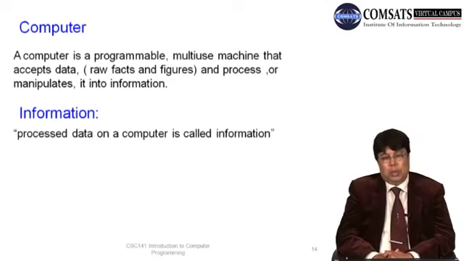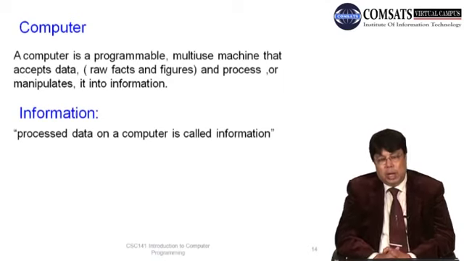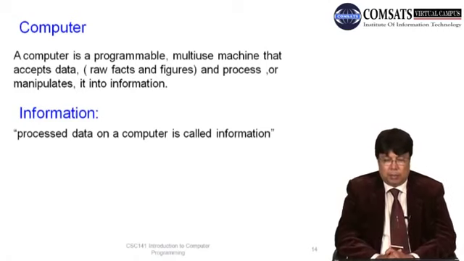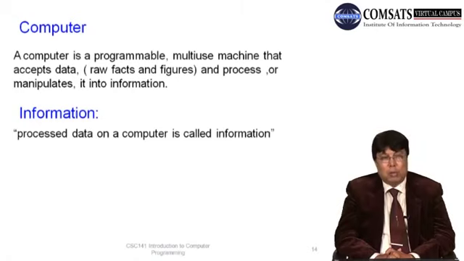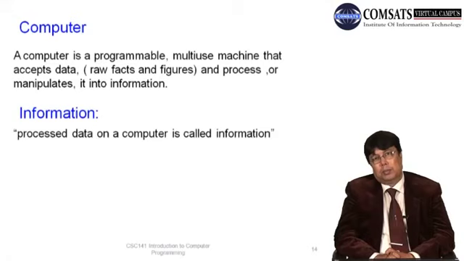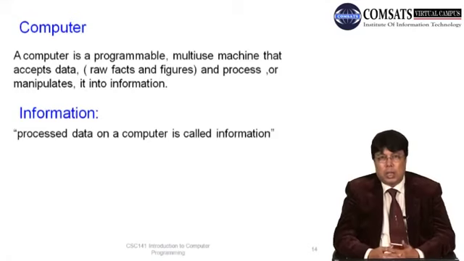So, computer. What is a computer? A programmable multi-use machine that accepts data and processes or manipulates it to convert it into information. Okay, it is a machine that takes input as data, processes or manipulates that data, and produces information.